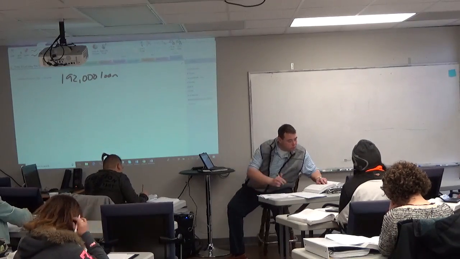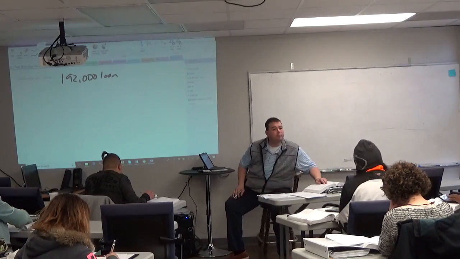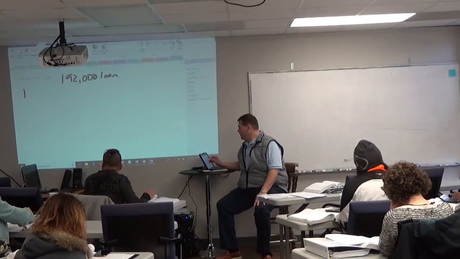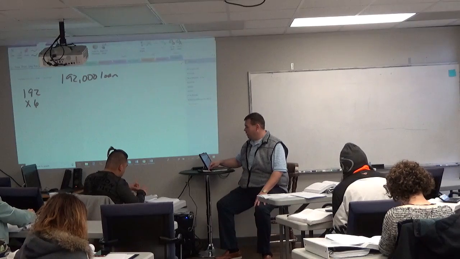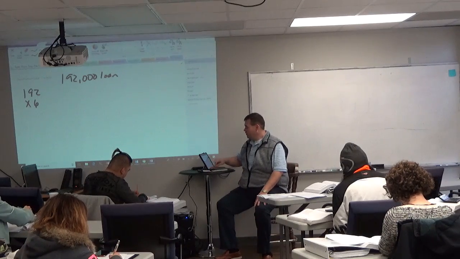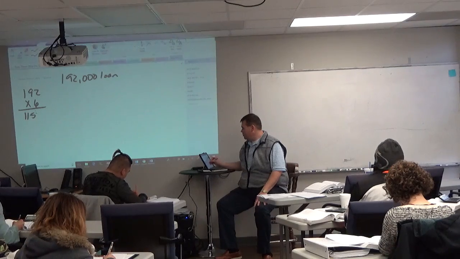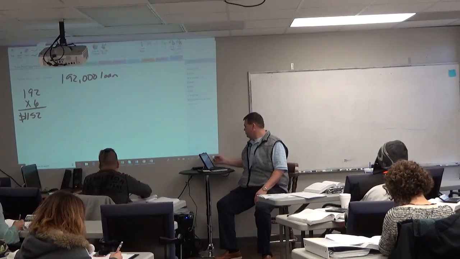Yes, 6% for 30 years looks like $6 even to me. Does that sound right for everybody? So we're going to take 192 times 6 to get our monthly PI payment. And that equals $1,152 per month.